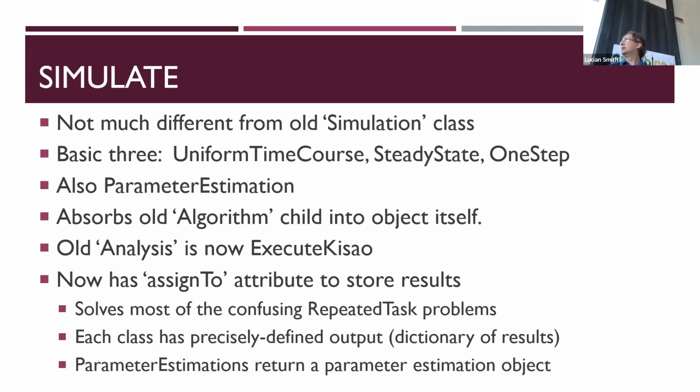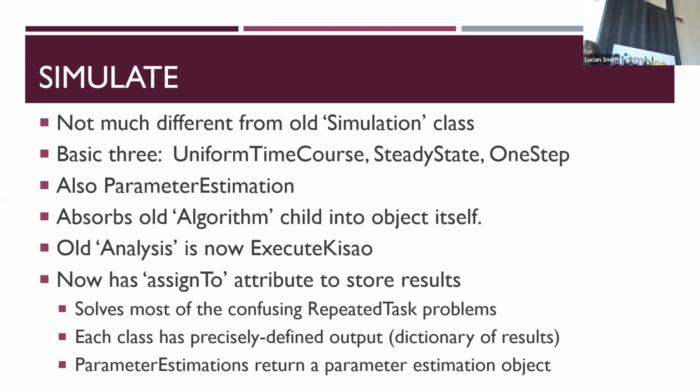And crucially, we have an assign-to attribute that gives it a local variable name that you can then use elsewhere, and it looks like data. It is the result, the same as if you pull in external data: it has a name. If you simulate, it gives you a vector and it has a name, and you can do stuff with it.